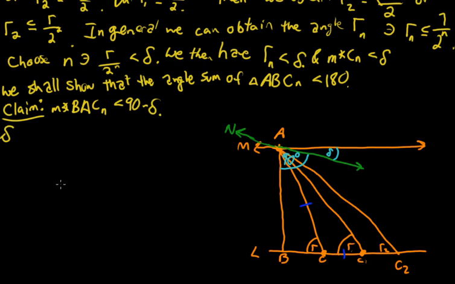Suppose that's not true. Suppose the measure of angle BAC sub n is equal to 90 minus delta. Well, then we would have N is equal to AC sub n.